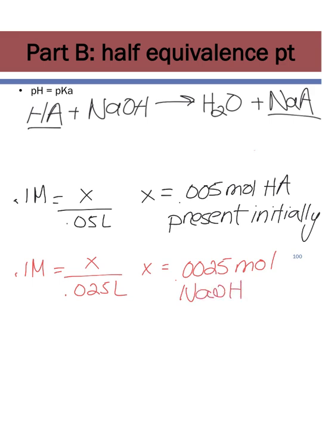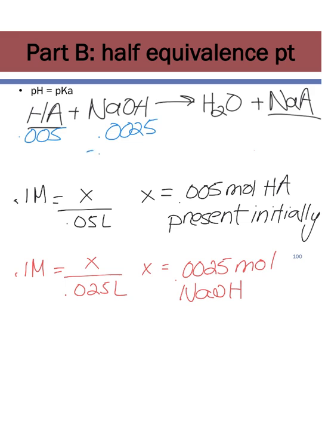Okay, so then we think about our stoichiometry. If we have 0.005 moles of that present, and 0.0025 moles of sodium hydroxide present, they're in a 1-to-1 ratio. Therefore, sodium hydroxide is our limiting reactant.